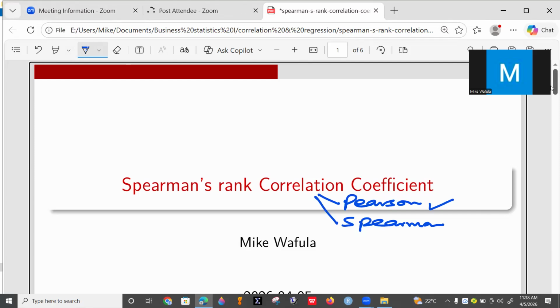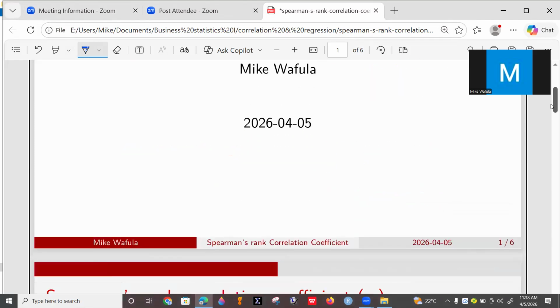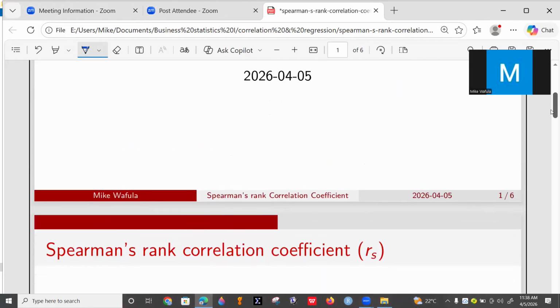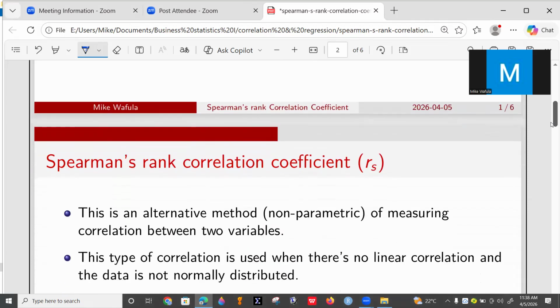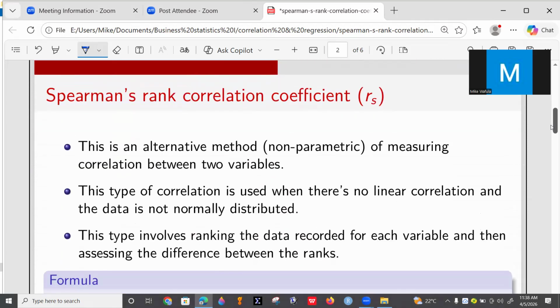Because of that normality assumption, the Pearson correlation coefficient is regarded as a parametric test statistic. But we also discussed the scenarios when we have violations of those conditions.